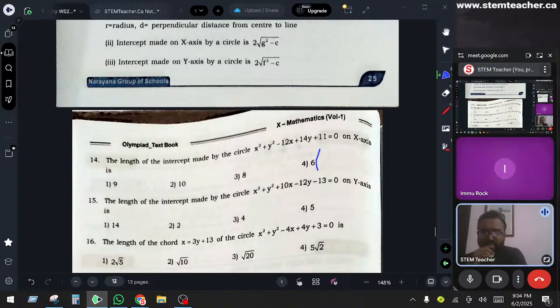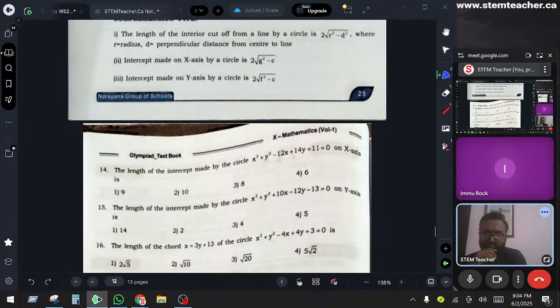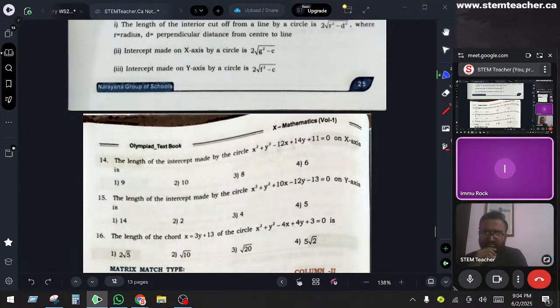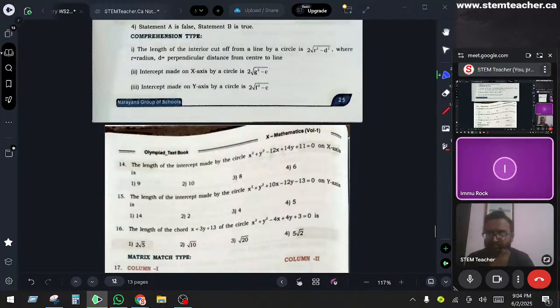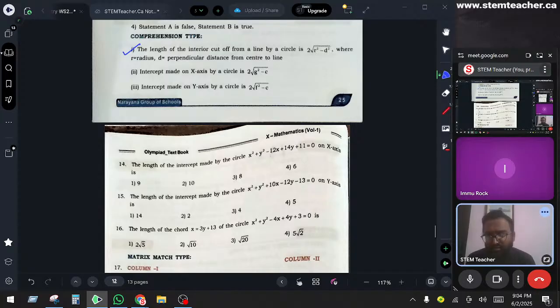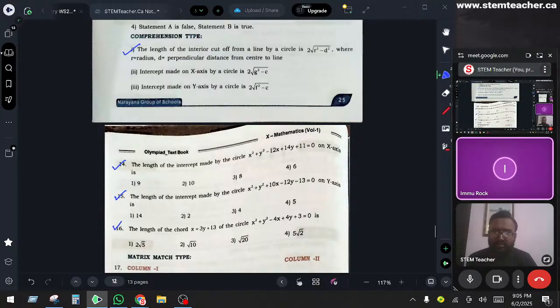Can you try these problems? 14, 15, 16 try करो. The length of intercept cut off from a line by a circle. पूरा करो.